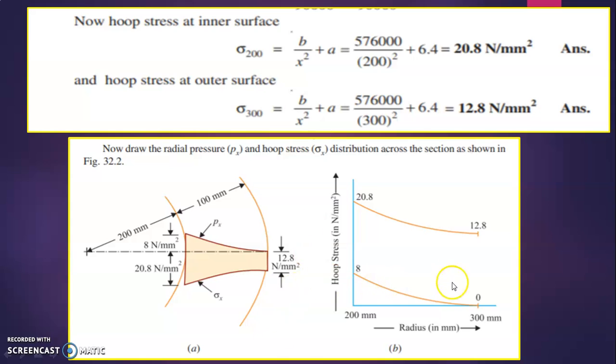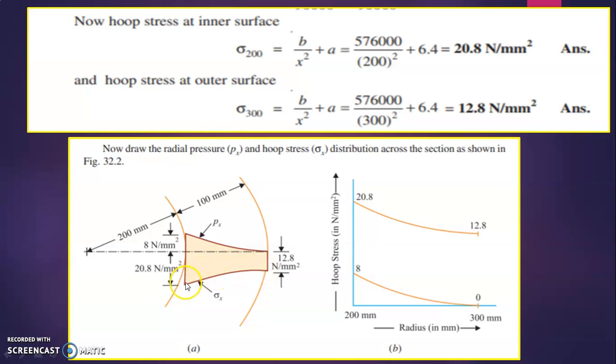So join this, 0 to 8. Next you have to draw the hoop stress. At the inner surface for 200, that is 20.8, so draw this 20.8 below the line. And then for 300, that is 12.8. Draw this line.